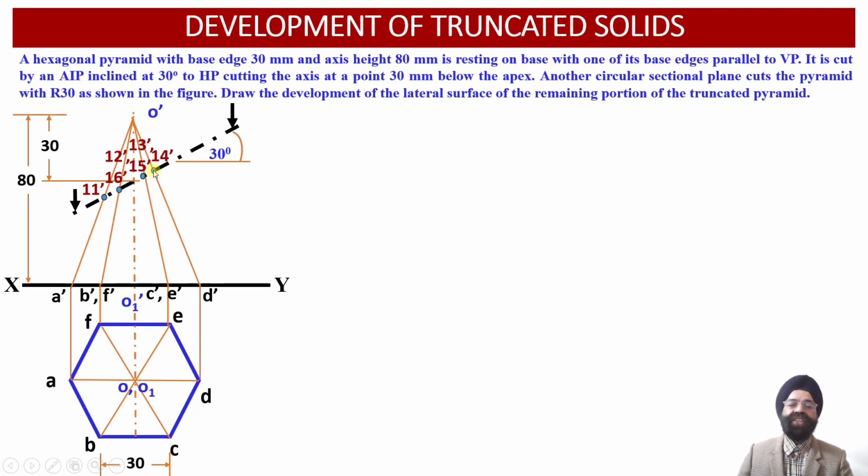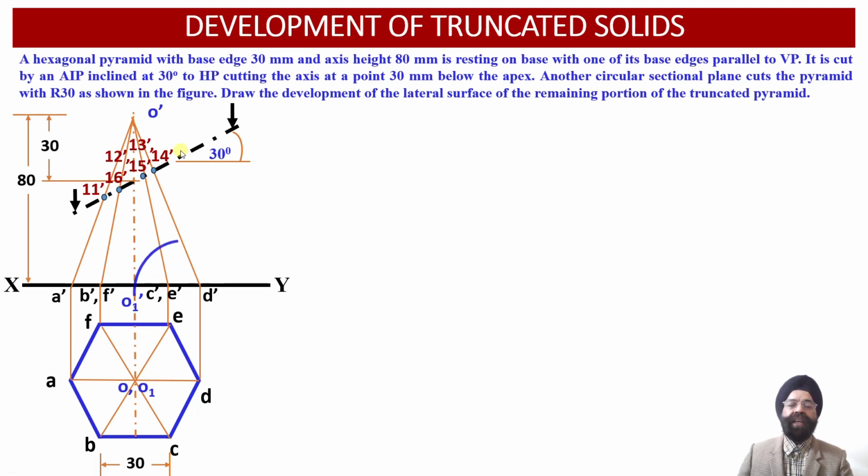Last point of intersection happens to be point 14 dash. So point 14 dash has been obtained on the slant generator O dash D dash by virtue of intersection of the slant edge O dash D dash by this cutting plane over here. So now 6 points of intersection we have been able to obtain in the front view projections over here.